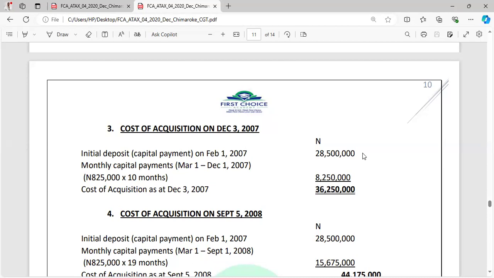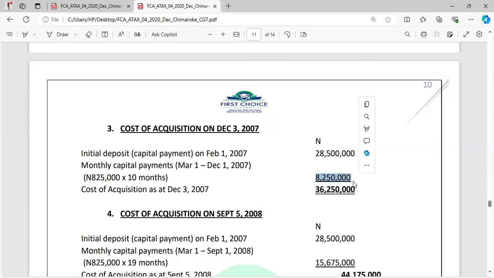Now, you paid 1 million naira each for 10 months. It's like 10 million. But remember, we have removed the interest. And so we are going to be taking only the capital aspect, which is 825,000 naira, multiplied by 10 months, which gives you 8,250,000.